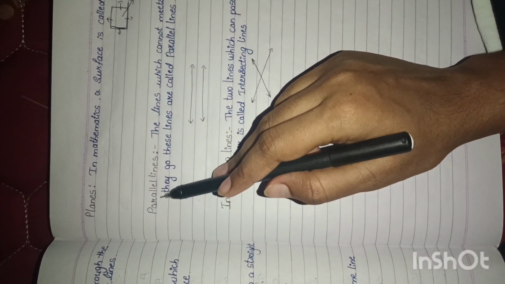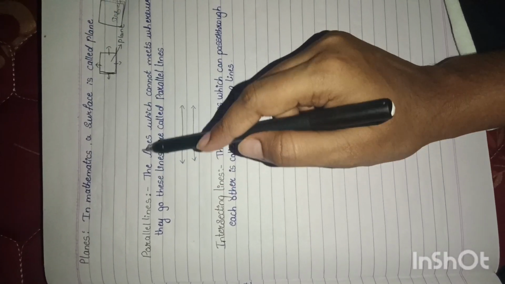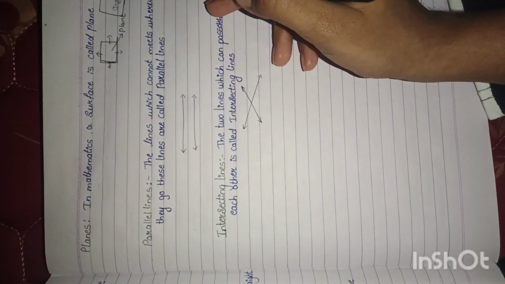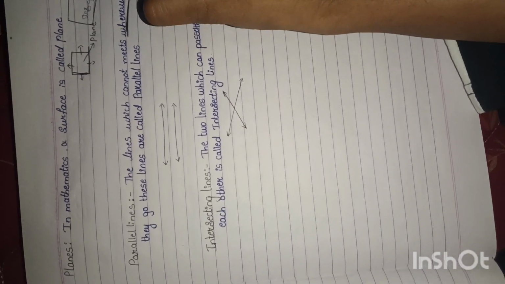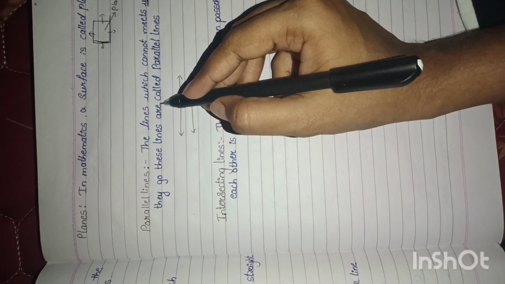Okay, parallel lines. What are parallel lines? The lines which cannot meet wherever they go are called parallel lines.